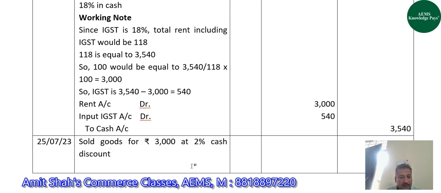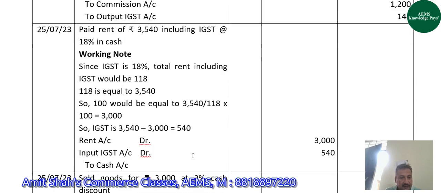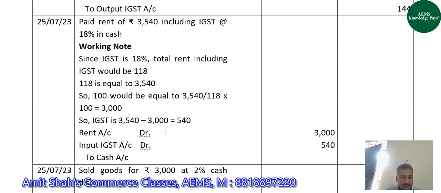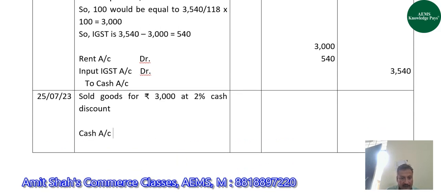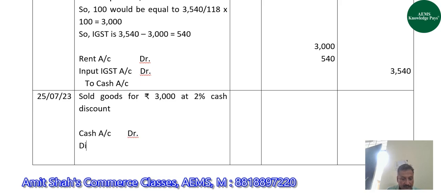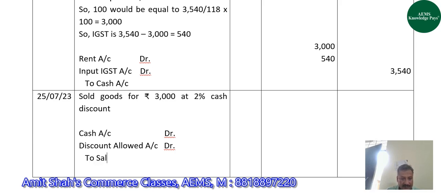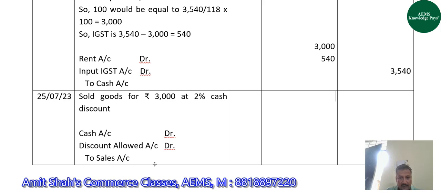So it goes for rupees 3,000 and 2% cash discount. So cash account debit, discount allowed account debit to sales account. 60, so 2,940, 60 and 3,000.